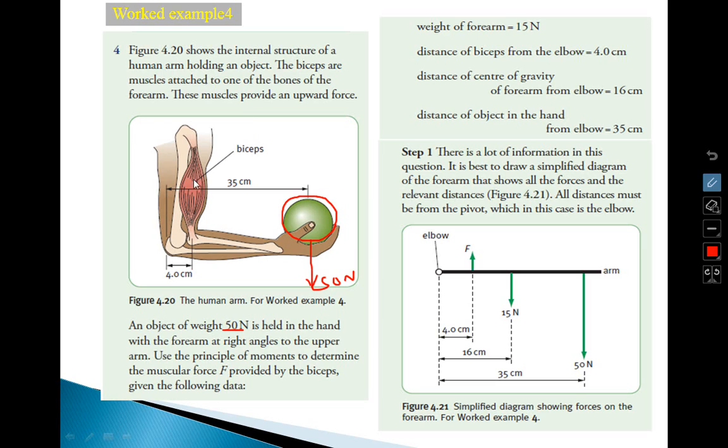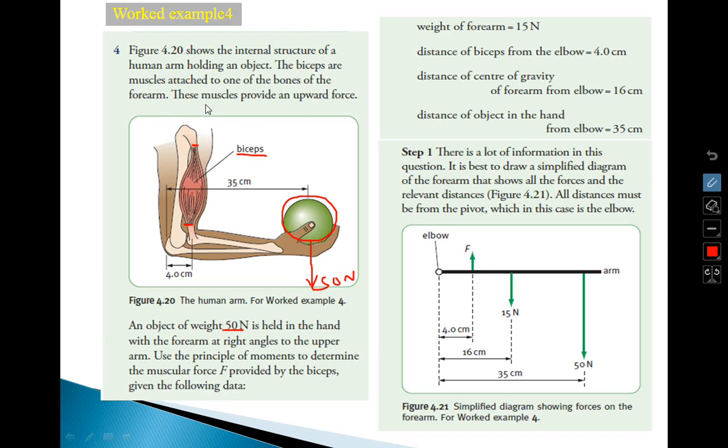This one here is a muscle called biceps. The biceps is a muscle attached to the arm from here up to here, connecting those two parts, attached to one of the bones of the forearm.